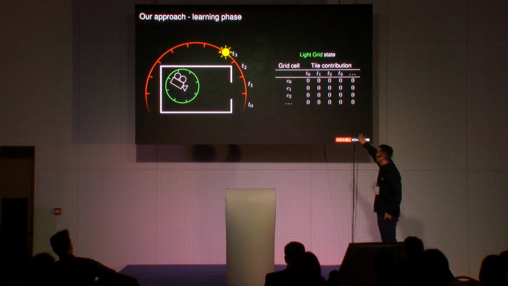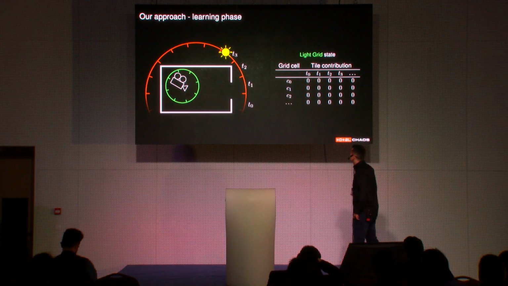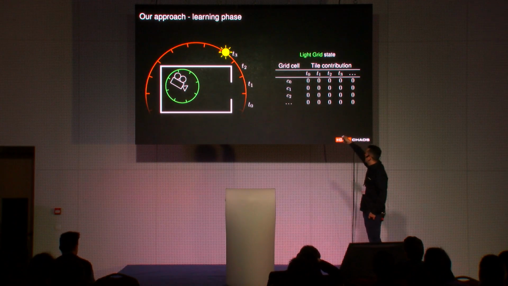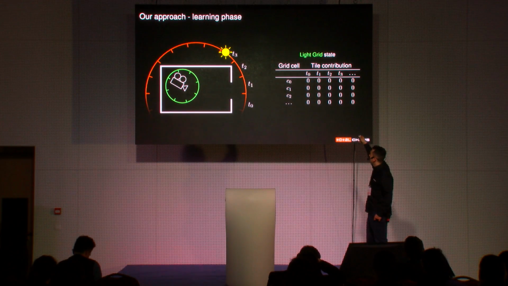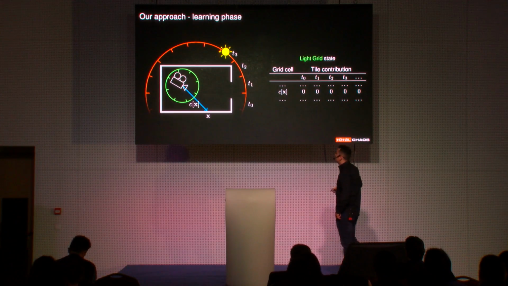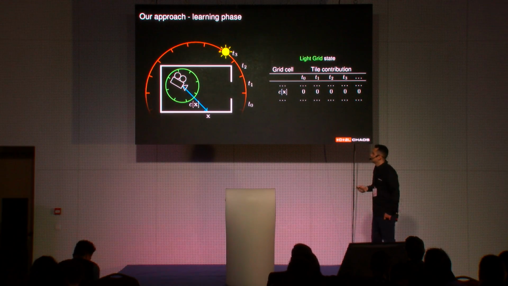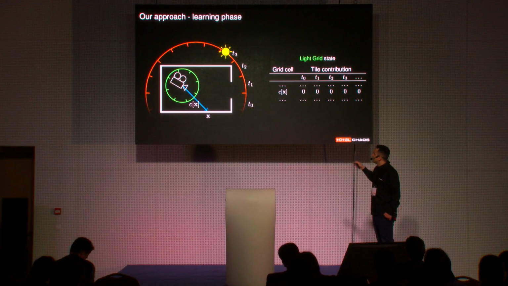Initially, we initialize the whole light grid with zeros. For each grid cell, we have an entry in the light grid for each environment tile. So we start to trace a path from the camera.